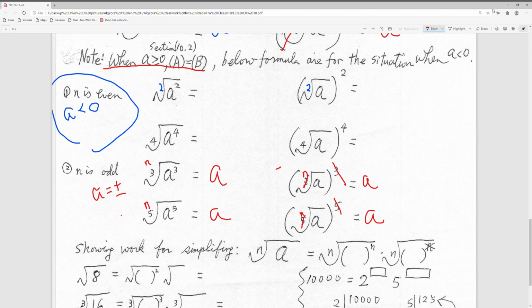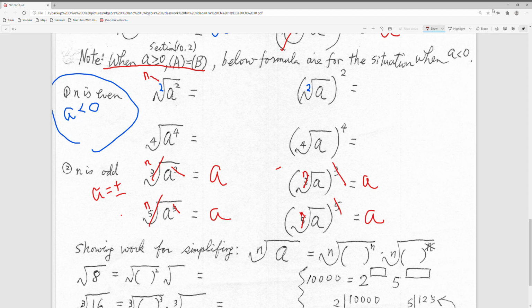That's by definition. Because of the odd degree, we just showed you the example. You can cancel out. Still A, no problem. The problem is when you have even degree, when n is even.